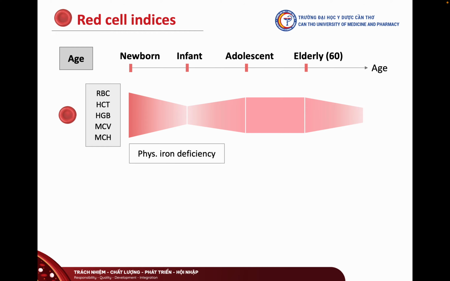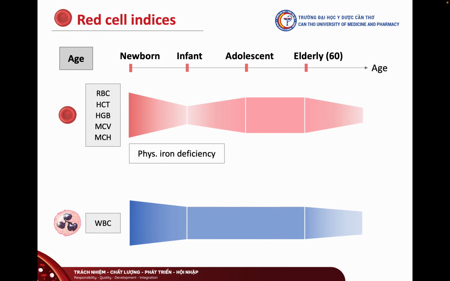But after the age of 60, red cell production may decline due to chronic inflammation, bone marrow aging, or hormonal changes. For white cells, physiological leukocytosis, a high white cell count, is also seen at birth, but this normalizes within hours to days.